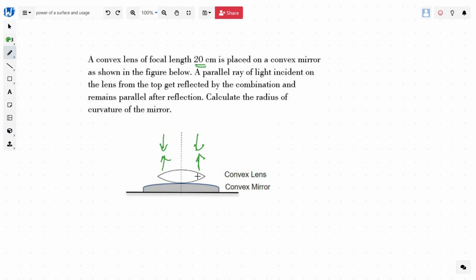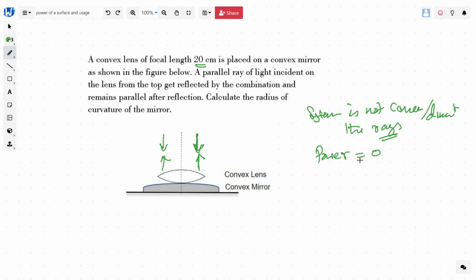So we can calculate. Let's first see what the physics is, right? So the ray of light is coming like this, getting reflected, and then again without changing any direction, right? So the system is not converging or diverging the rays, right? Which means that the power of the system is equal to 0.